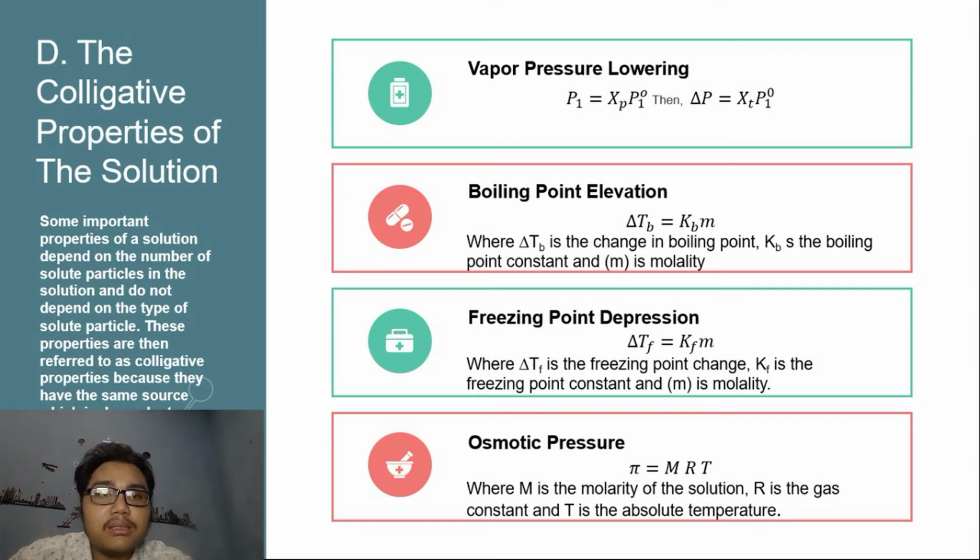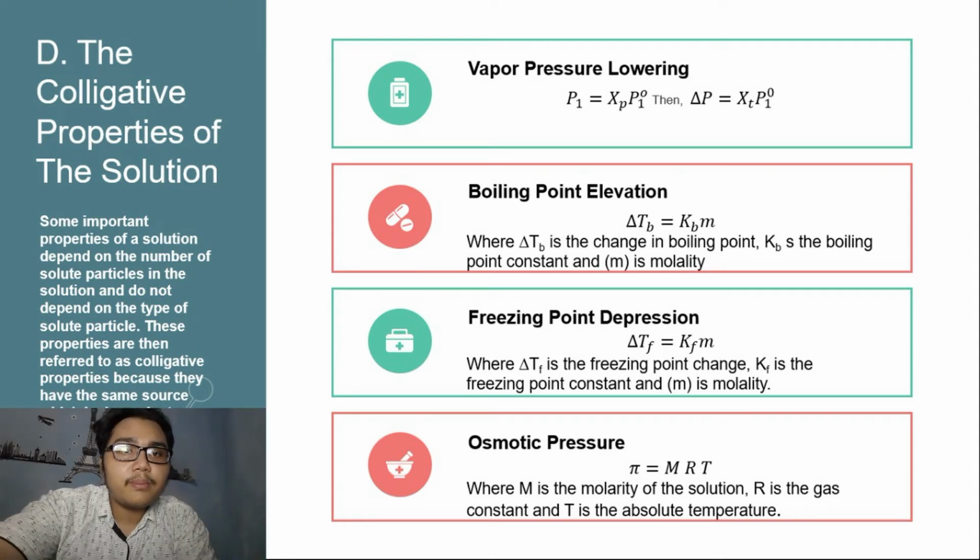The formula is the pressure of the solvent equals the mole fraction of the solvent in the solution multiplied by the pure vapor pressure.